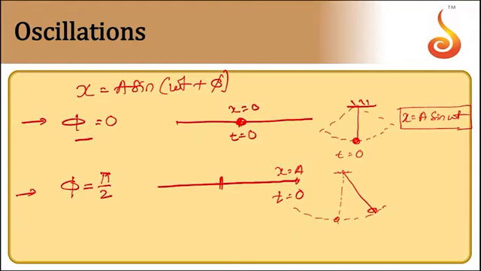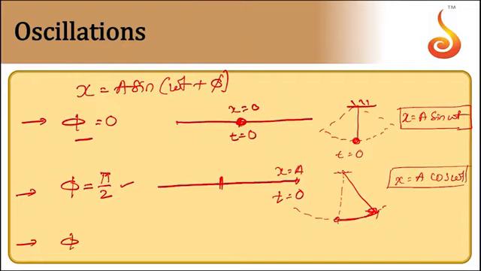The particle is already displaced from its mean position and has occupied the extreme possible position. That gives me x is equal to a sin(omega t plus pi by 2), which is x is equal to a cos omega t. So phi is equal to pi by 2 gives the particle starting the journey from the extreme position, resulting in the equation x is equal to a cos omega t.